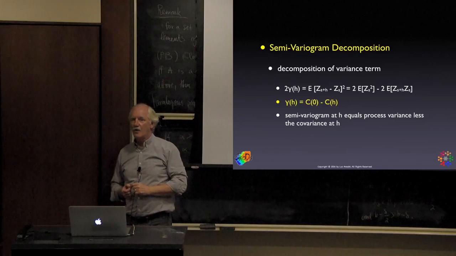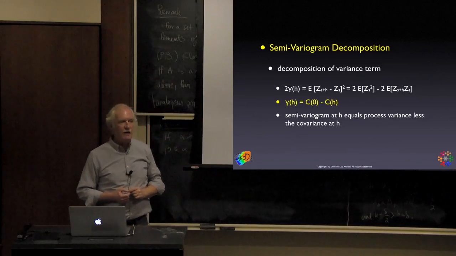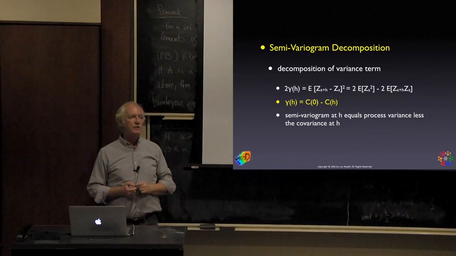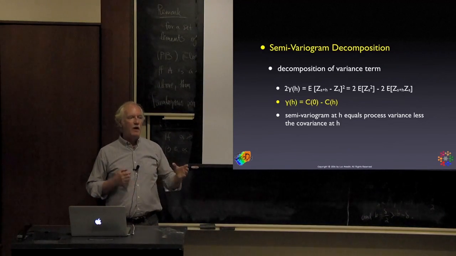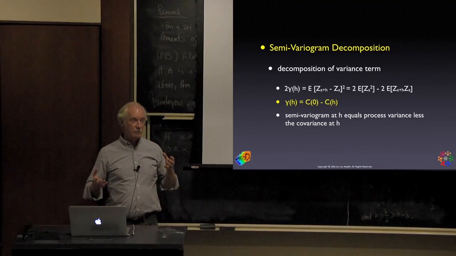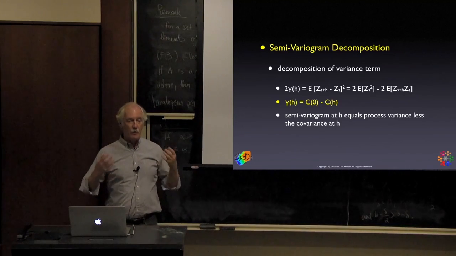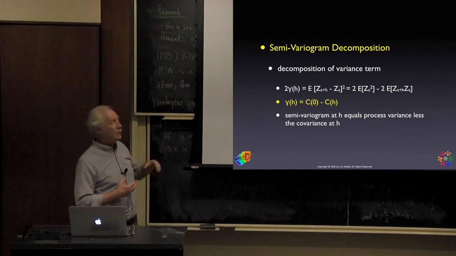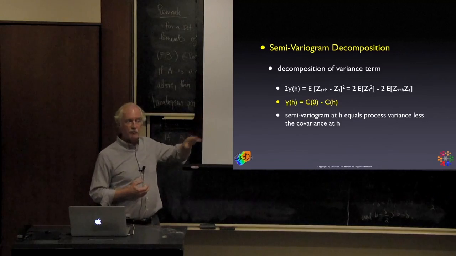Okay. Now, think of what this really means. So the covariance at small distances will be large or small? Large, right? That's the whole point. Closer, more related. So at small distances, you take the variance of the process, which is constant.